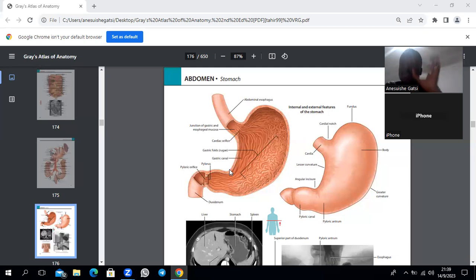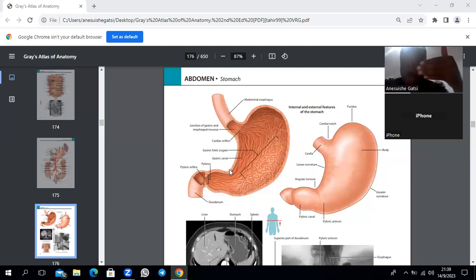I'll show you that when we get there. Specifically, it attaches onto the lower border of that transverse colon. On the lesser curvature, a lesser omentum connects it to the liver. On the greater curvature, a greater omentum connects it to the transverse colon.